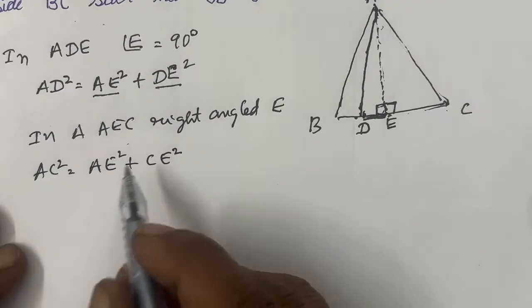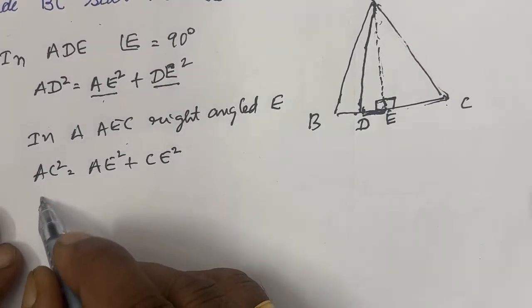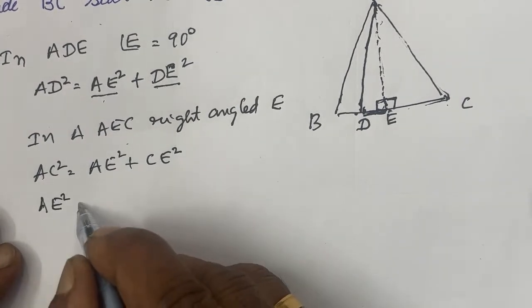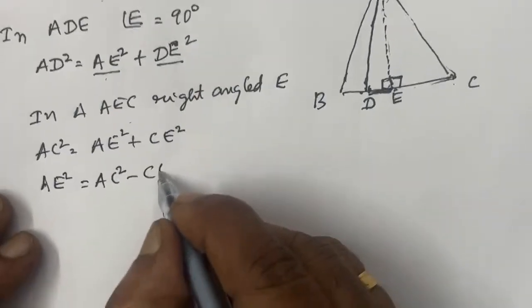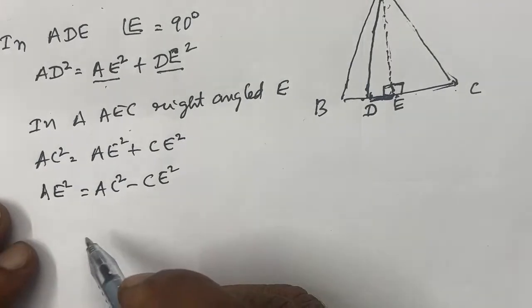Now I want AE, so I am taking AE as the subject. AE square is equal to AC square minus CE square.